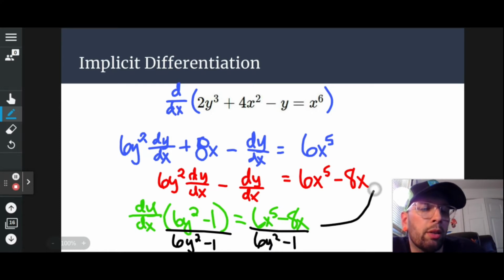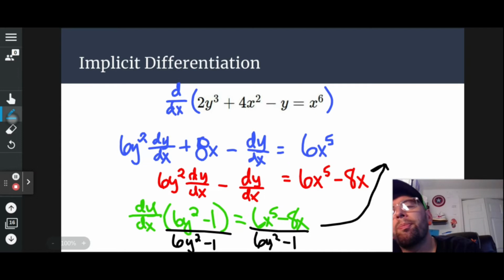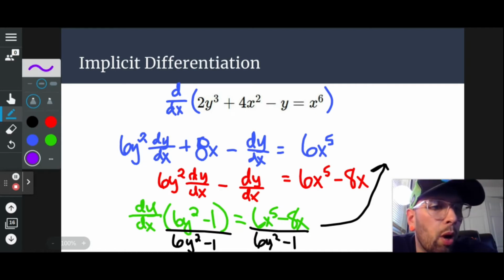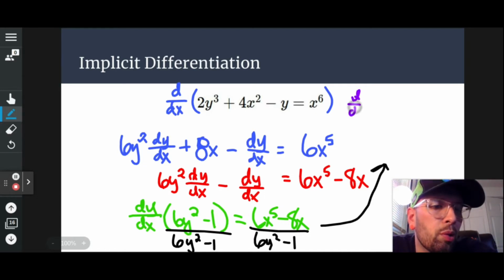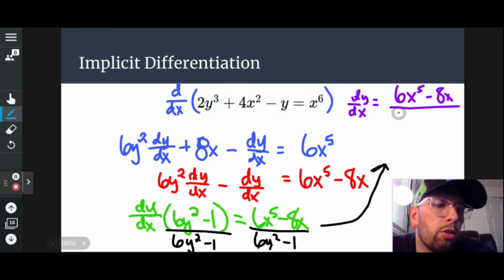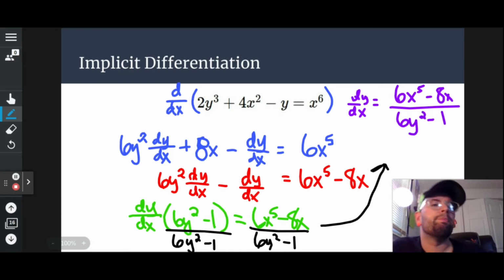And again, I'll write my answer up here. And dy/dx is going to equal 6x to the 5th minus 8x over 6y squared minus 1.